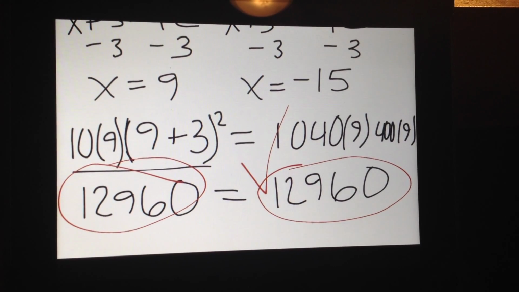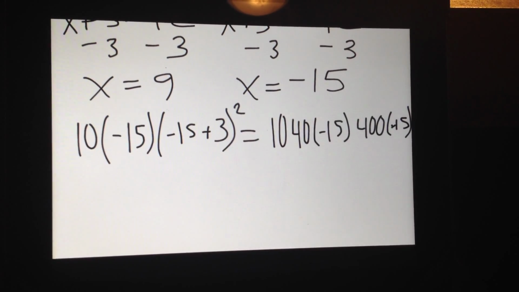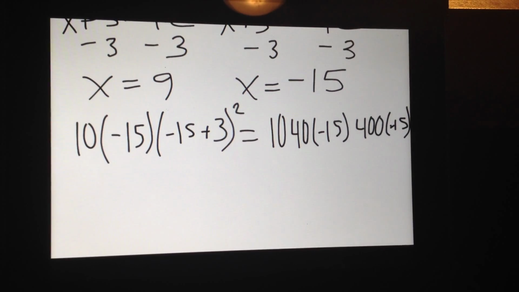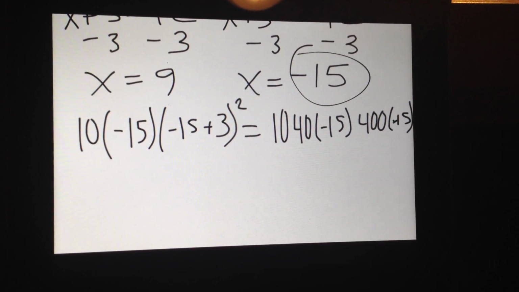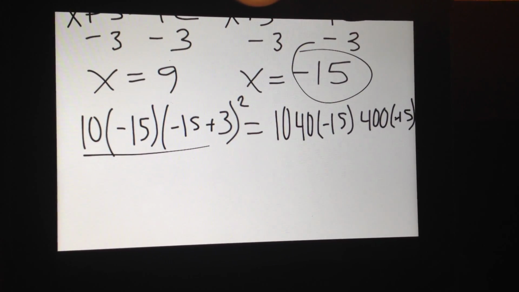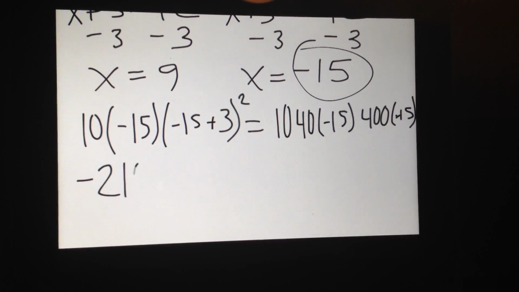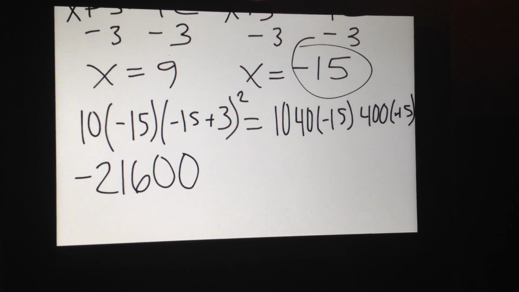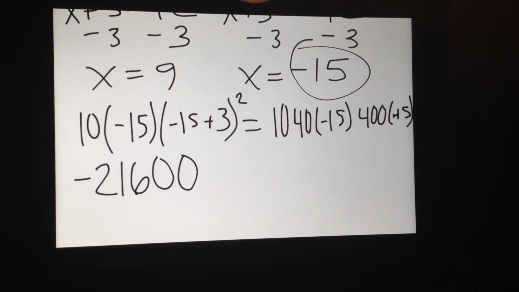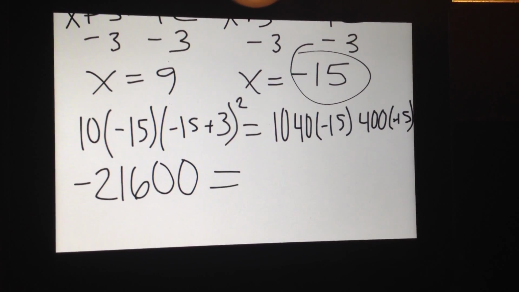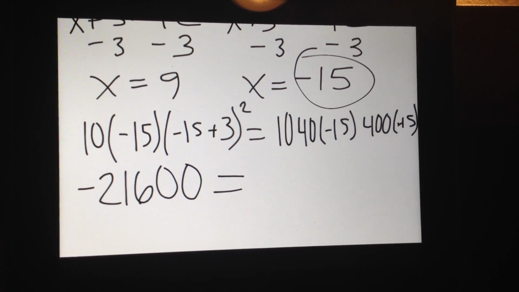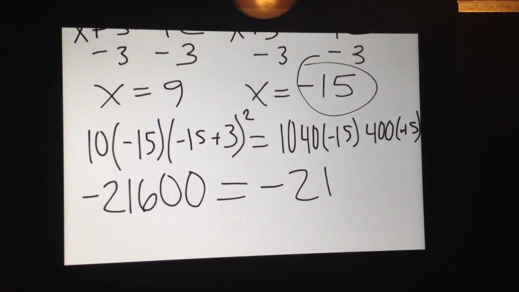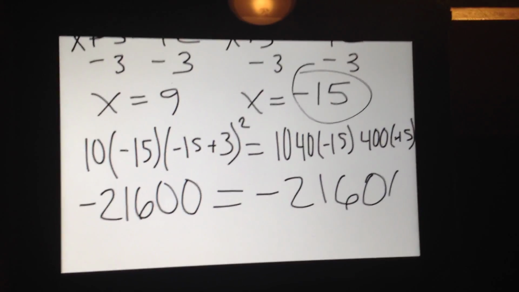Now let's do the same thing except putting in negative 15 for x. On this side, I calculated it out and ended up getting negative 21,600. And then on this side, I end up getting the same thing, negative 21,600.